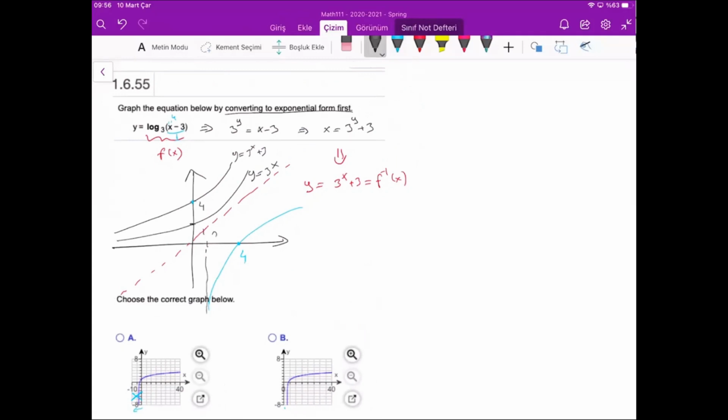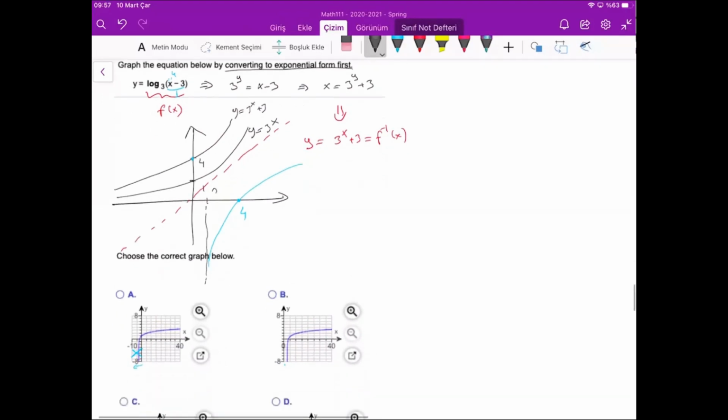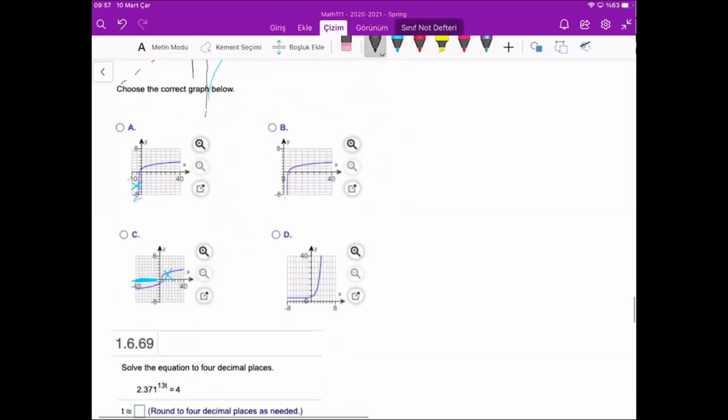X should be bigger than 3. If x is less than 3, it is not meaningful. So x equals 3 is our vertical asymptote. Anyway, part B seems correct. Part D seems the graph of an exponential function. So our answer is part B.